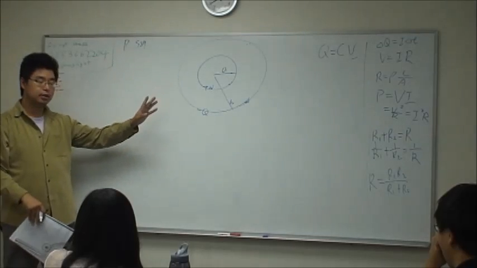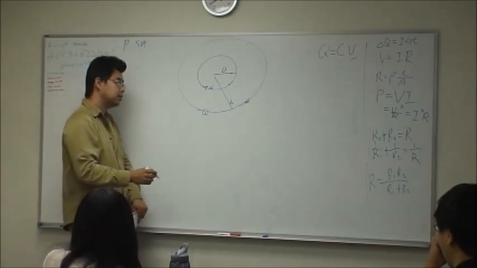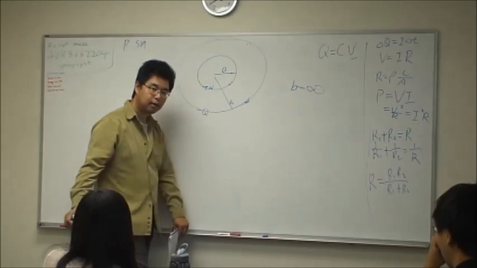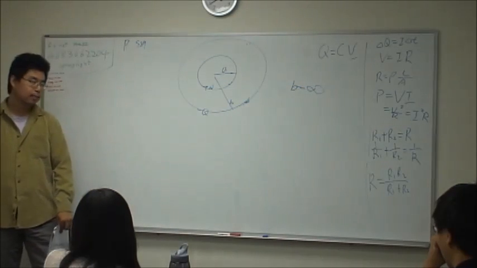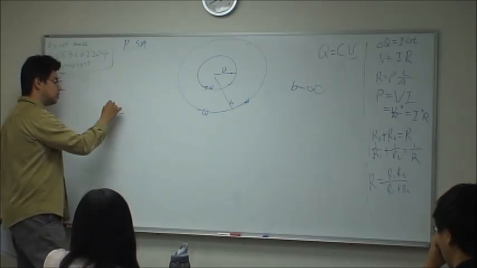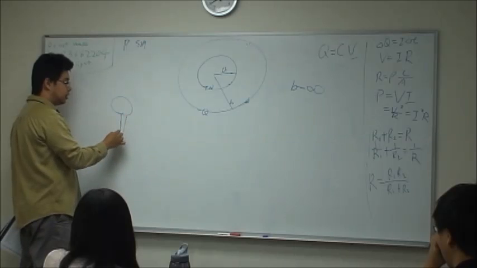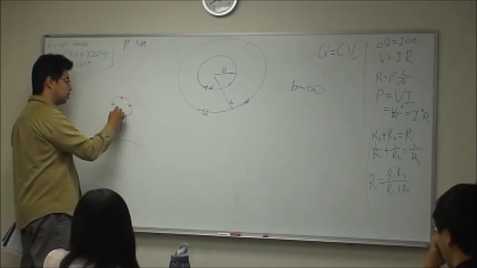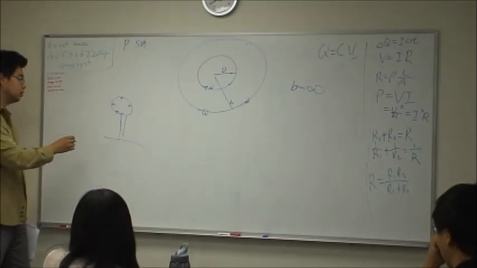I don't want to do this kind of fancy derivation. Let's assume B is equal to infinity. It means that if I just have a metal ball on an insulator post, I can store some positive charge onto this metal.